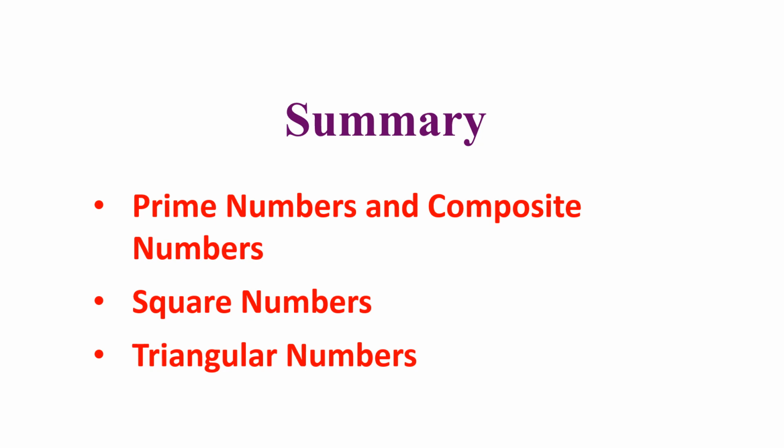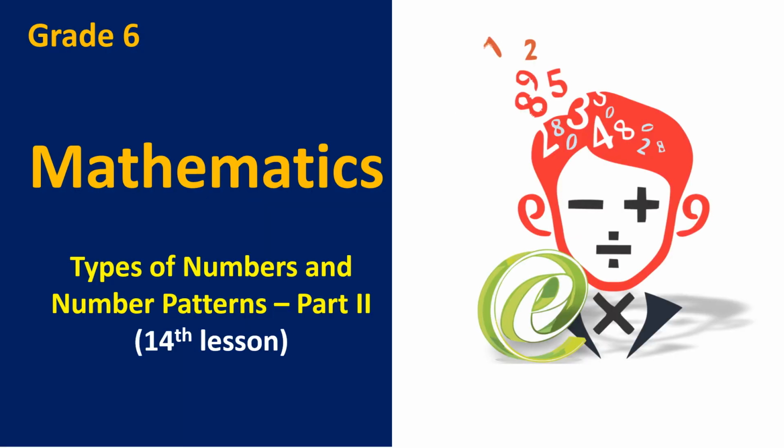For example, if you want to find the third triangular number, you could easily find it by adding 1 plus 2 plus 3. So 1 plus 2 plus 3 is 6. Therefore, the third triangular number is 6. So that's all about types of numbers and number patterns for grade 6.